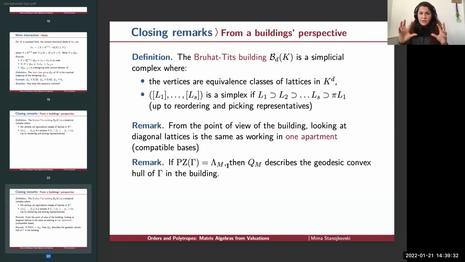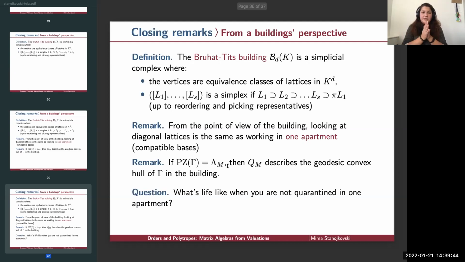So we have a very good understanding of how to start with vertices of the building and get everything that is stable from just those. We just need to take the geodesic convex hull in there. The big question is, however, once you're not stuck in your apartment, how does life continue? And this is what this project wants to do.